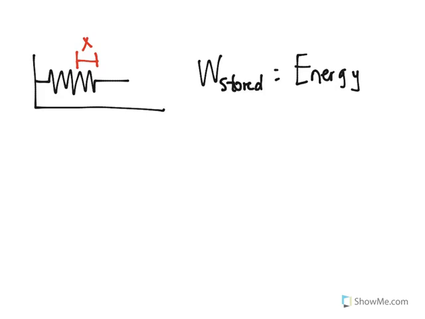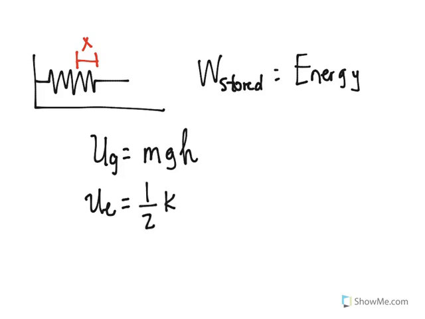Then we will have the potential gravitational energy as the potential for the gravitational force to perform a work, that is given as mass, gravity, height. The potential elastic energy is the potential for a spring to perform that work, that is given as 1/2 of the elastic constant times x squared.